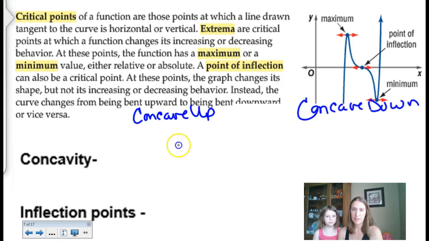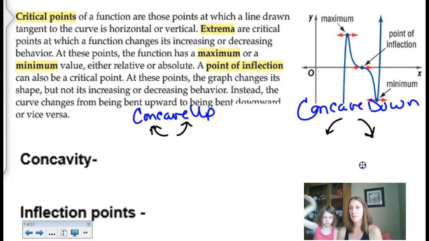So what does concave up look like? It looks like this or this, versus concave down, this or that. Does this look like a smiley face at all to you, Natalie? Like the mouth of a smiley face? Maybe. A banana cut in half.